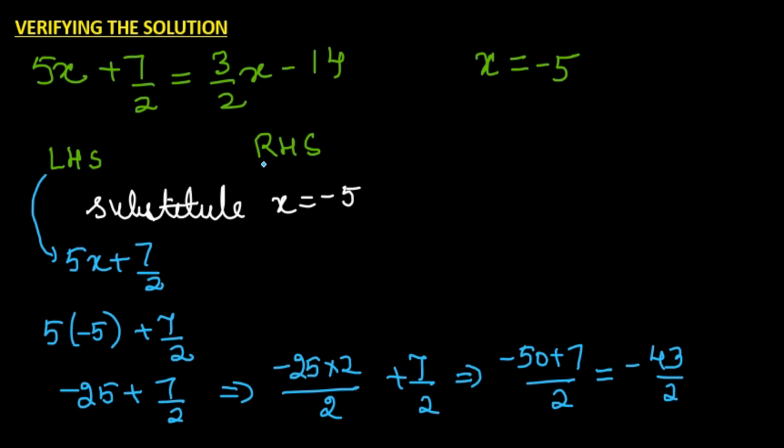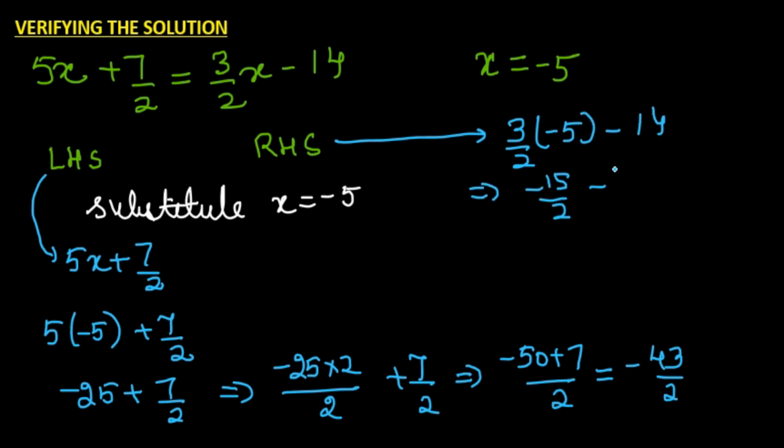Now we will be solving the same thing for the RHS. Okay, so substituting x is equal to negative 5 in the RHS gives you 3 by 2 into negative 5 minus 14, which is negative 15 over 2 minus 14. To make the common denominator, we multiply and divide 14 by 2.